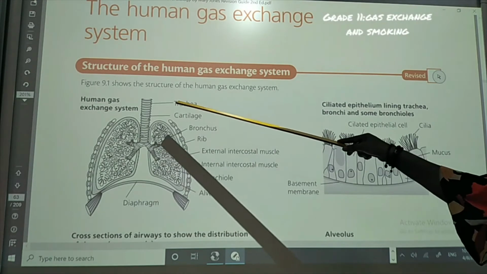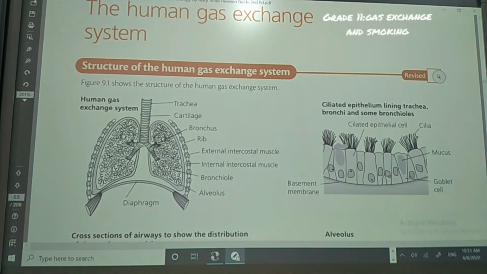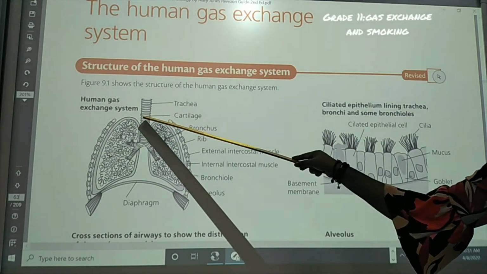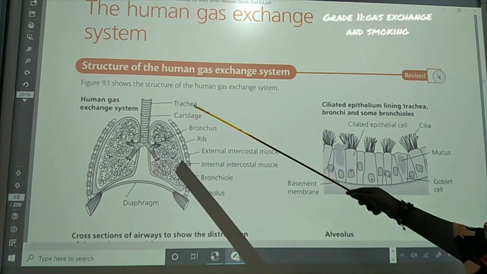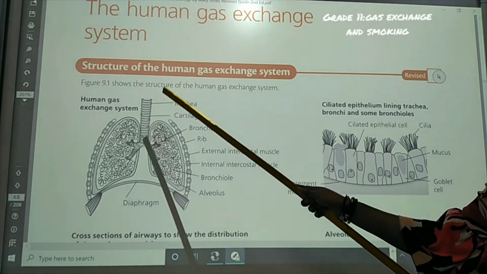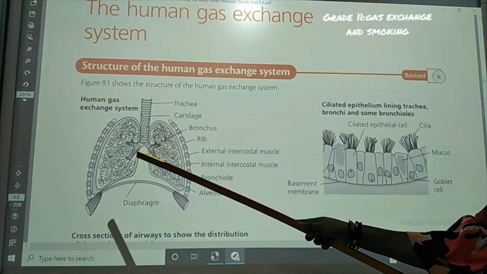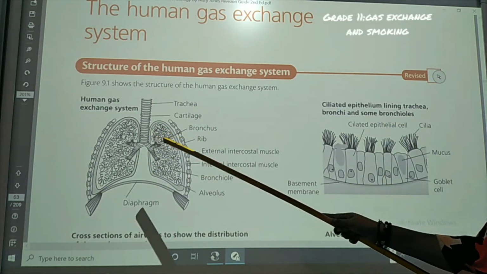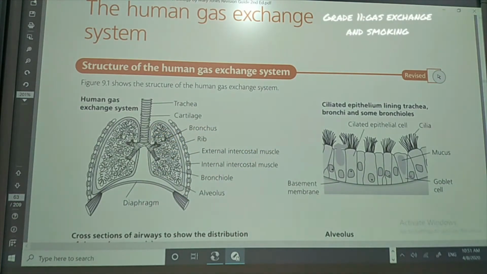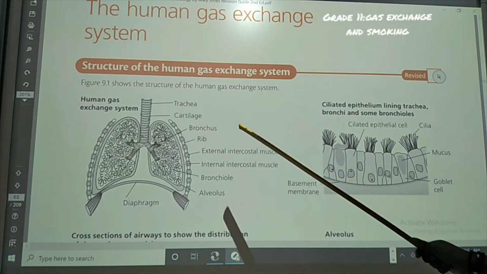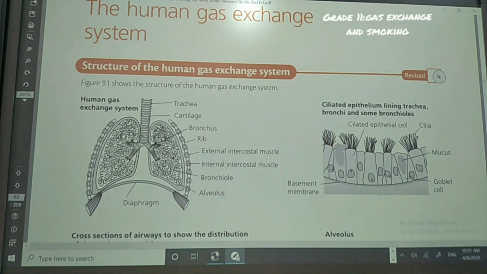The first thing we see is the trachea. Outside of the trachea, we have the cartilage. Then the trachea branches into each lung, and we have the bronchus. Okay? So we have the ribs. Look at this.